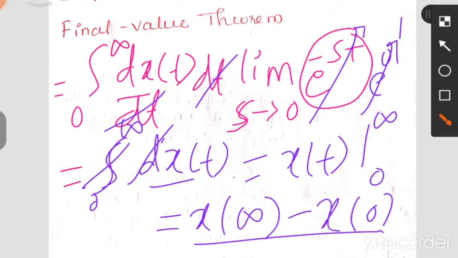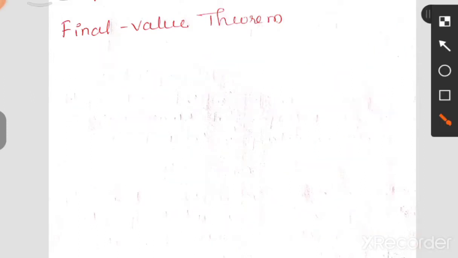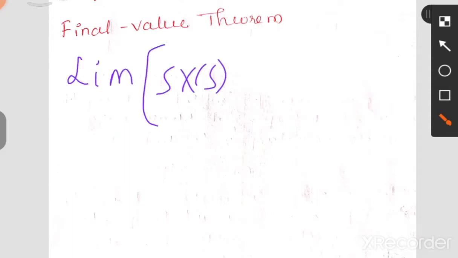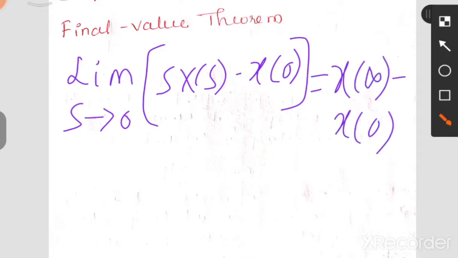This is your RHS. Now compare both LHS and RHS, meaning write both the sides. It will be limit of s into x of s minus x of 0 as the left hand side where s tends to 0, which is equal to x of infinity minus x of 0 at the right hand side.